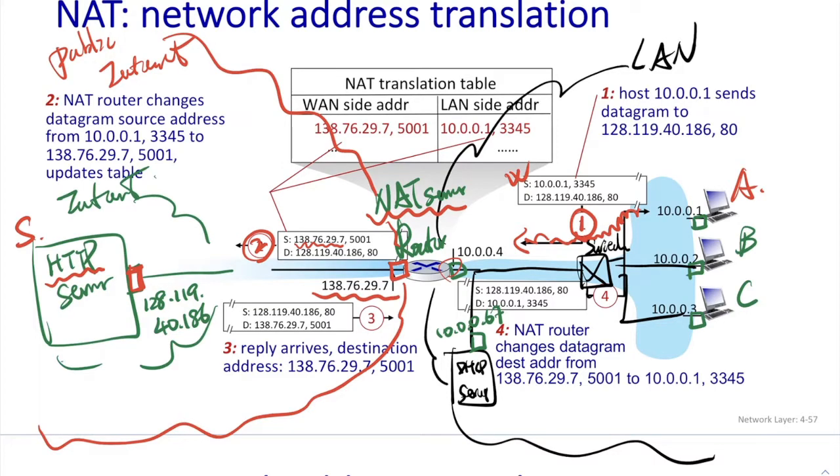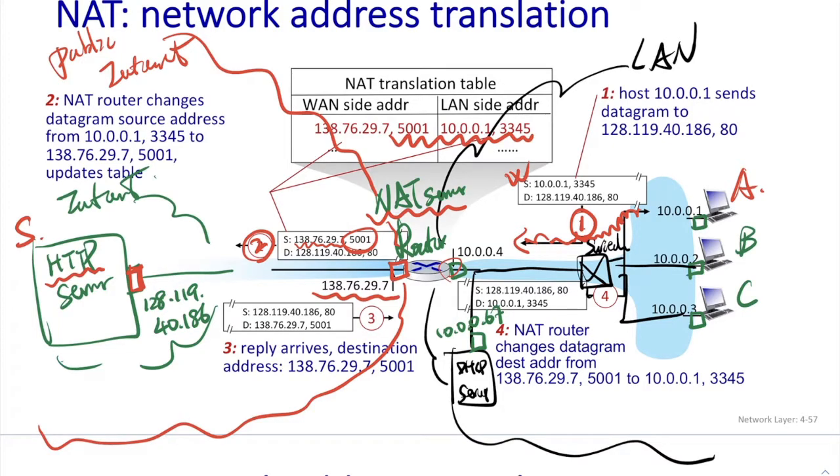So it will replace the private IP address with its public IP address, and the destination IP address is still the same, because it will go to the HTTP server. But you have to think about one thing right here. When the NAT server does such address translation, it uses a new source port which is 5001.